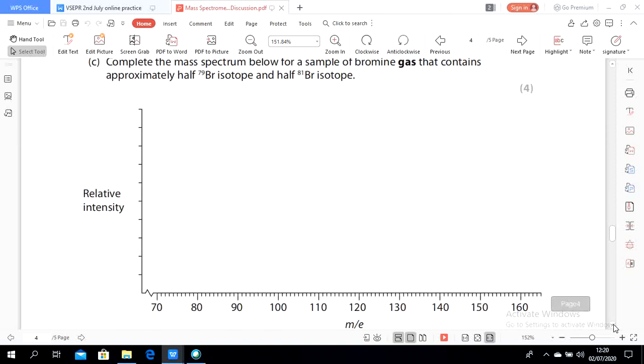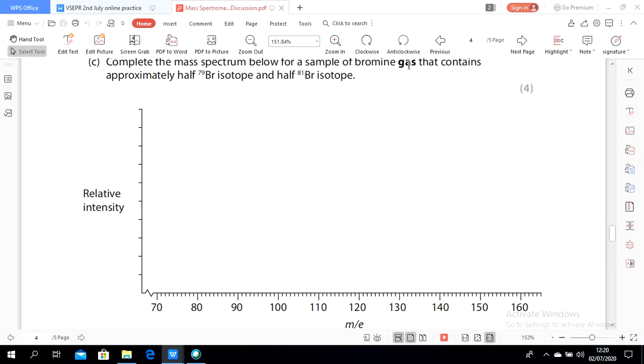Next, complete the mass spectrum below for the bromine gas that contains half bromine 79 and half bromine 81. Both of them, remember, the mass to charge ratio has to be at 79 and 81. Okay, remember here the question is asking for bromine gas. Bromine gas is Br2.